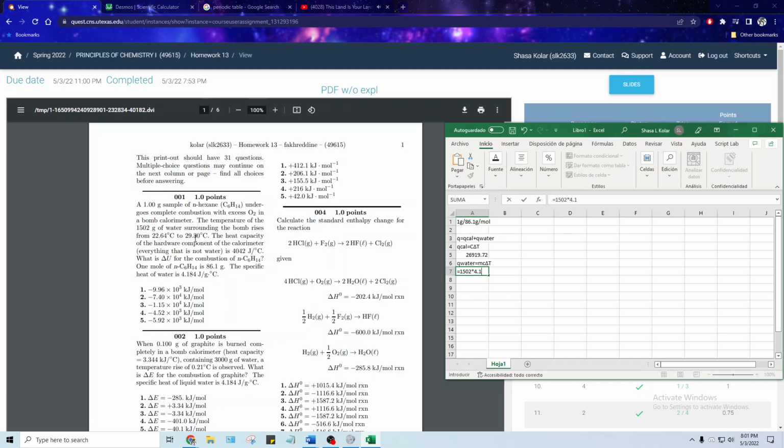Our delta T is in degrees C, we have our grams of water, and then the C is the specific heat, so it's this number. When you multiply this by grams and degrees C, you get rid of those, and we're left with joules, which is what we want. And then it's per this 1 gram, so then we're going to multiply it by 86.1 to get our mole.